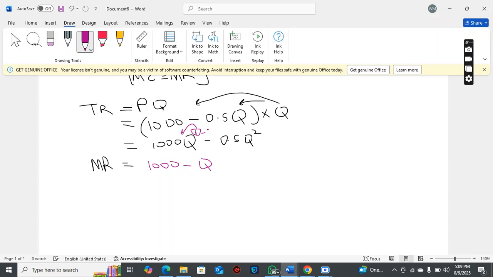You subtract 1 from the exponent, so here you have 1000Q to the power 0. Anything to the power 0 is 1, so you don't need to write Q to the power 0. Then here, multiply exponent 2 times 0.5, that is 1. You subtract 1 from the exponent, and you remain with 1Q to the power 1. Are we all okay with that?